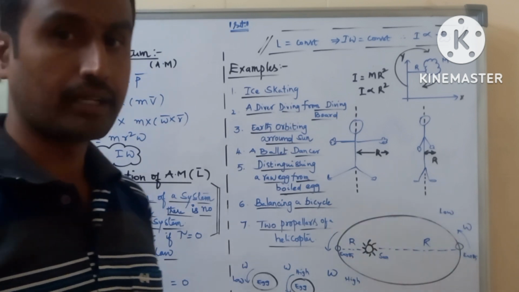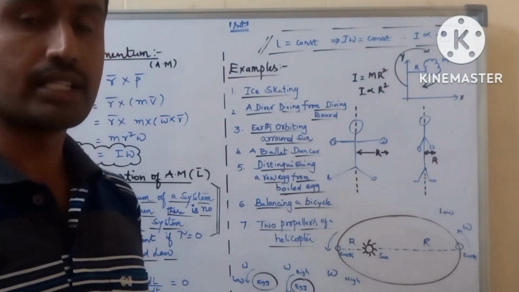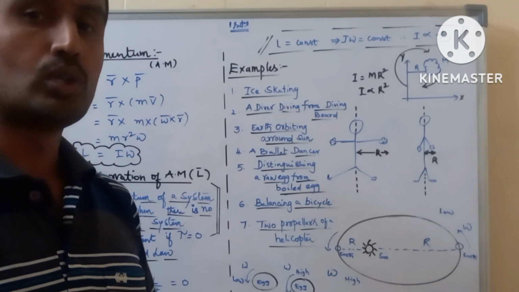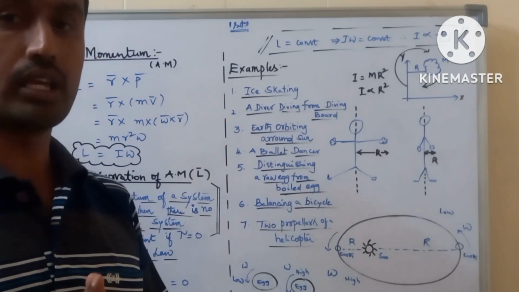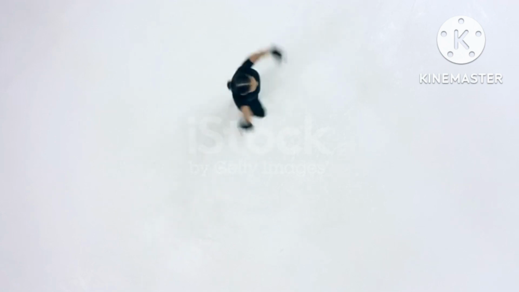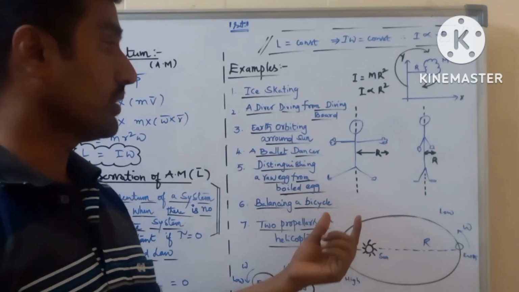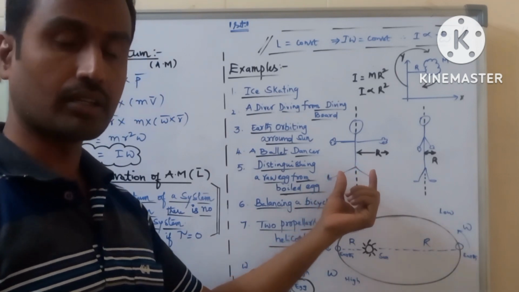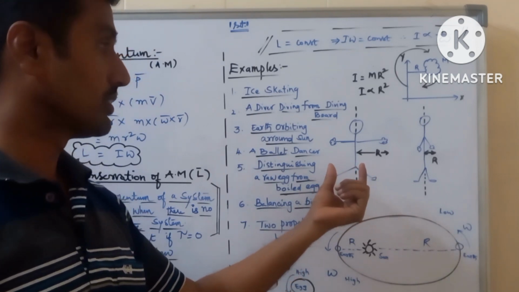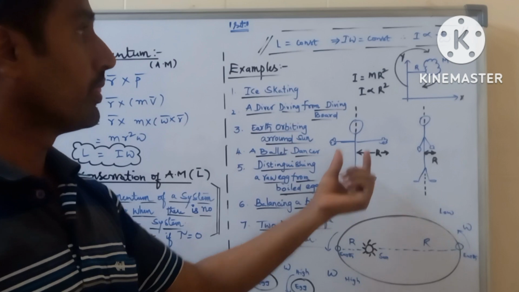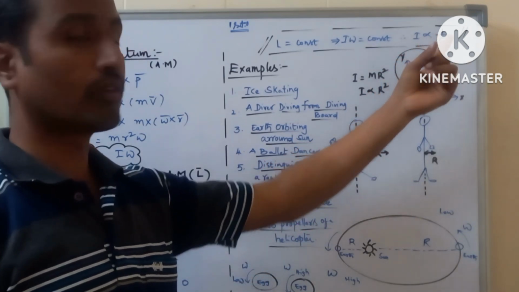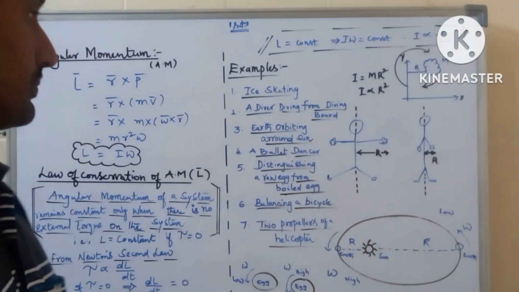So, by holding the legs and hands towards his body, the person can increase his angular velocity, and by outstretching his hands and legs away from the body, his angular velocity will decrease.